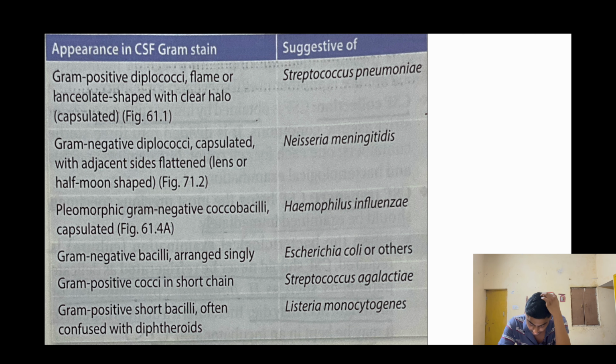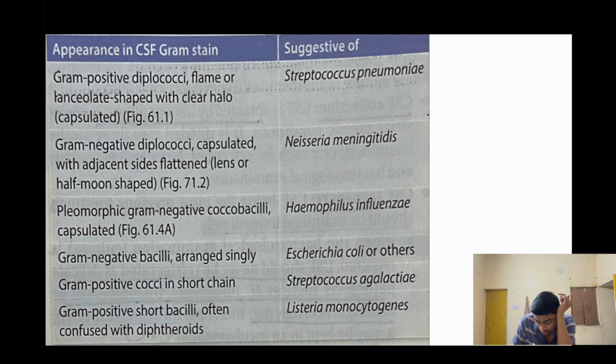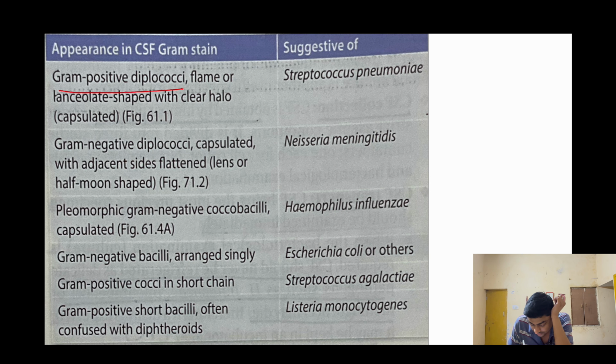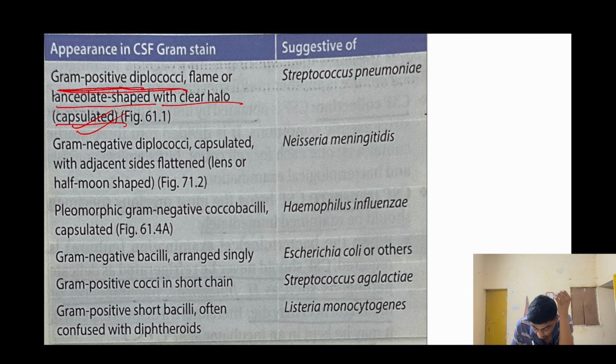If we do the gram staining of the CSF and there is Streptococcus pneumoniae, then it will appear as gram-positive diplococci, flame or lanceolate shaped with a clear halo, and it is also capsulated.